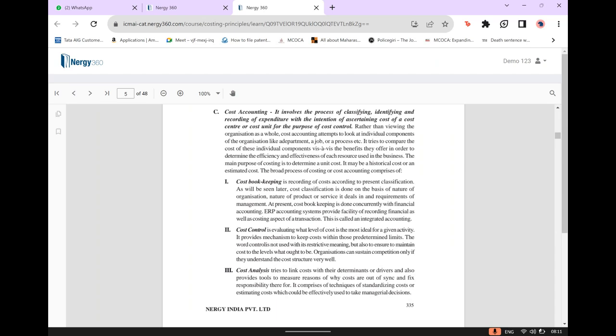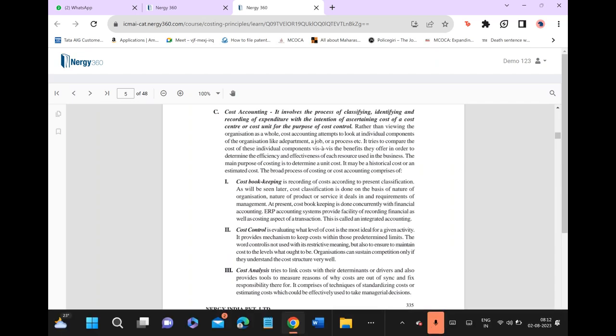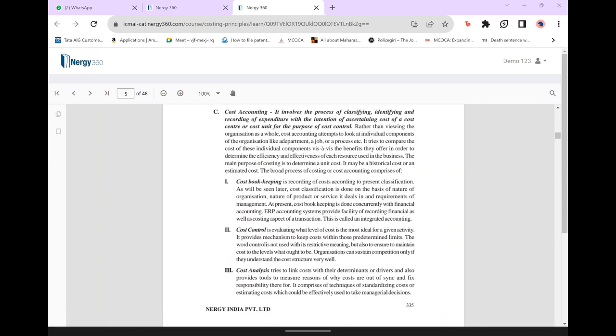I have spent less, so I have saved the cost. That is why it is a favorable variance, and if it is the other way around, it is an adverse variance because I have not been able to achieve the budget. I've exceeded the budget. So when I exceed the budget, it is an adverse variance.